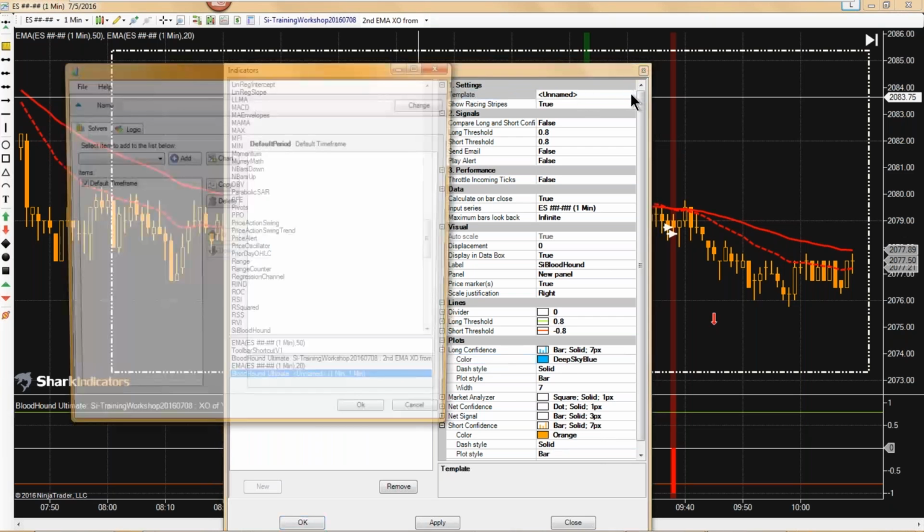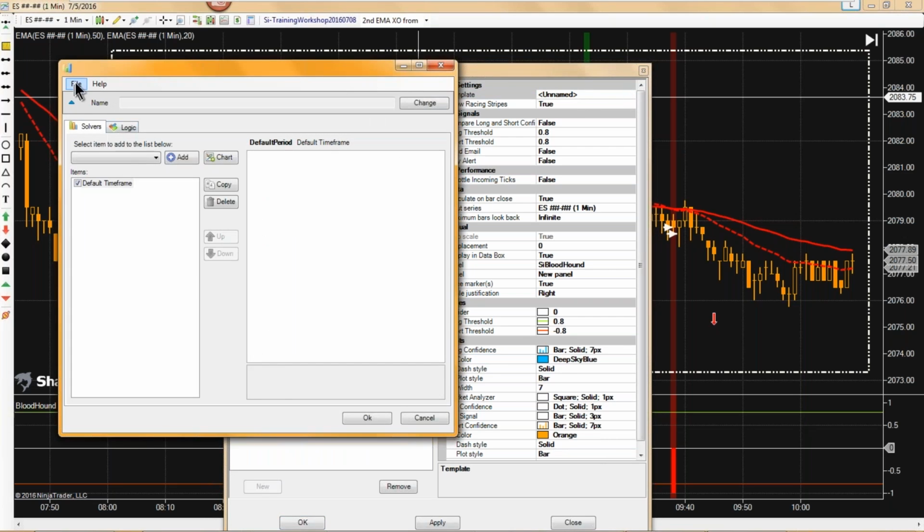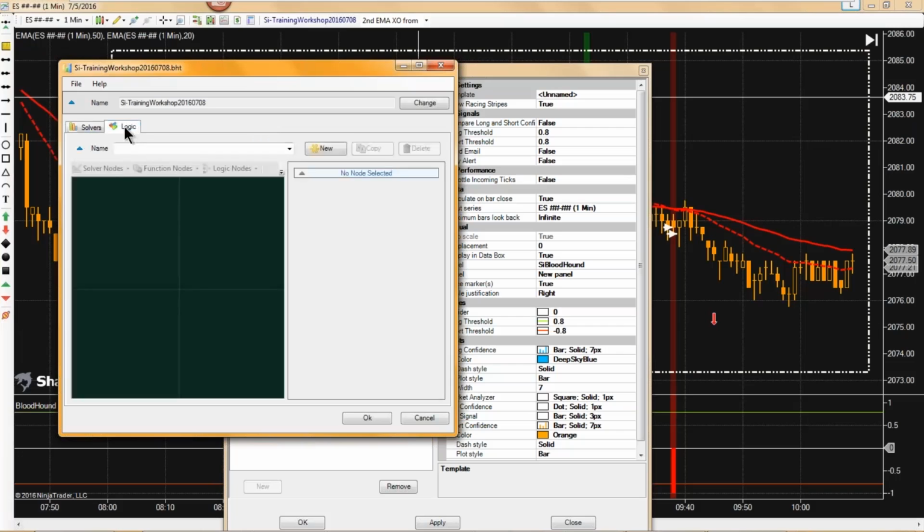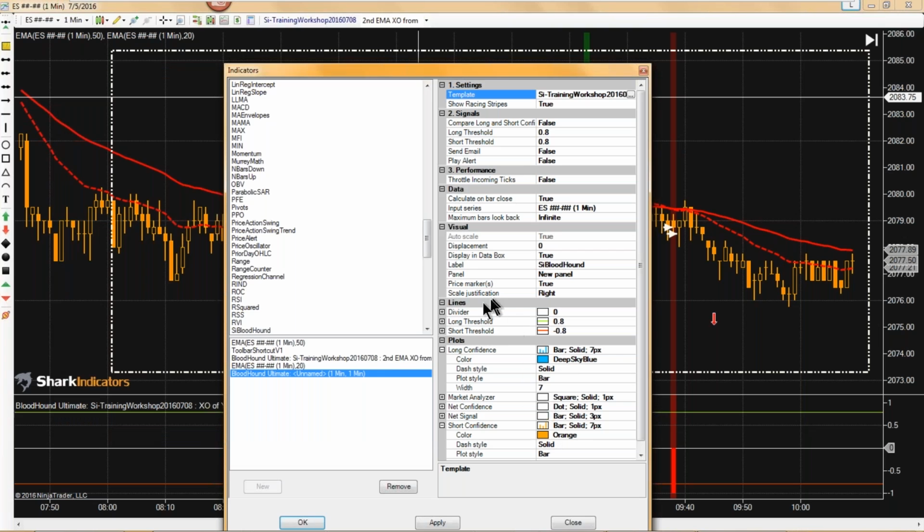And let's load up today's system here. So there we go. And let's put this one on the YM signals. So we got the YM signals set to orange and blue. And let's put this BloodHound, let's see, where is it? There we go, panel.